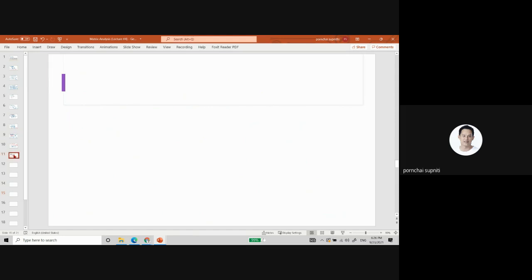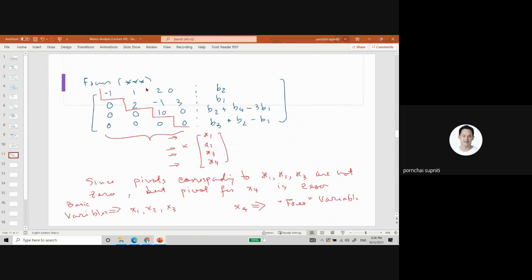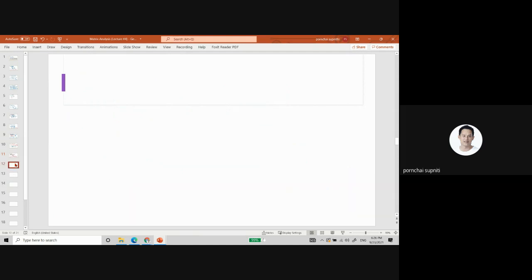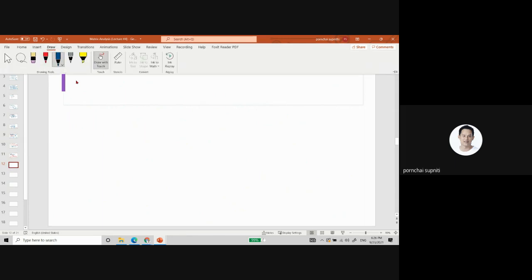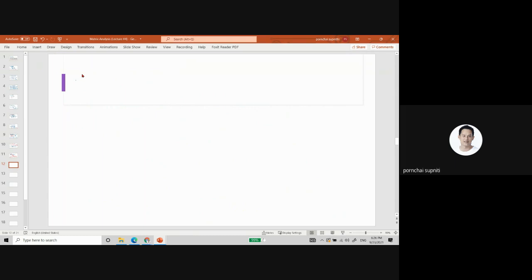If you don't switch between these lines, 3 and 4, there's no problem, but then you have a different set of basic variables and free variables. But I just switched it because I think it looks nicer. So now we are still in step number 1.